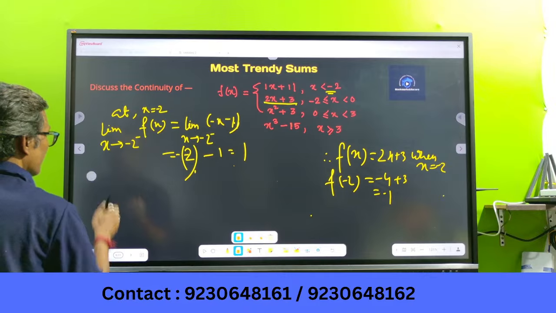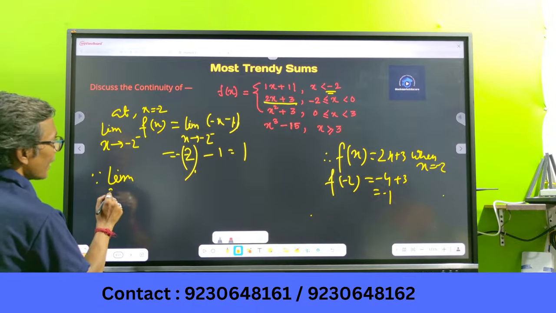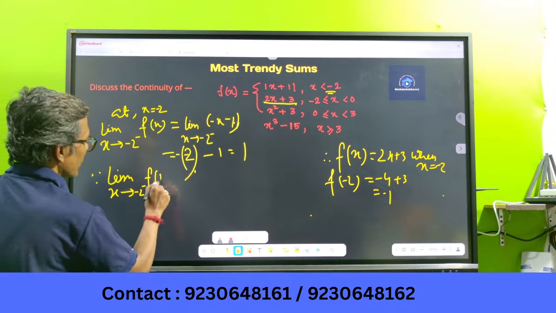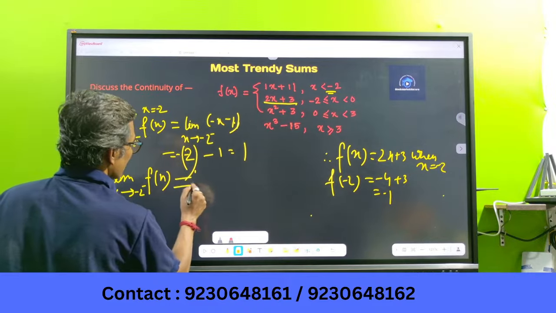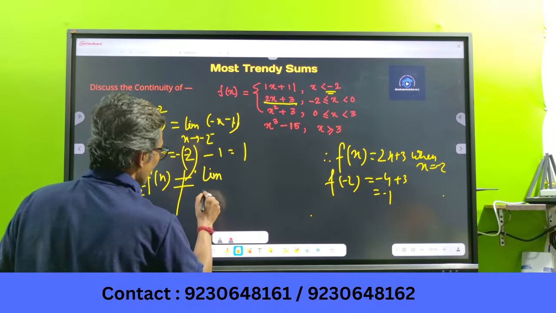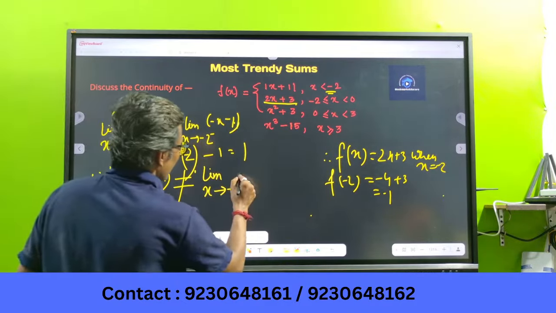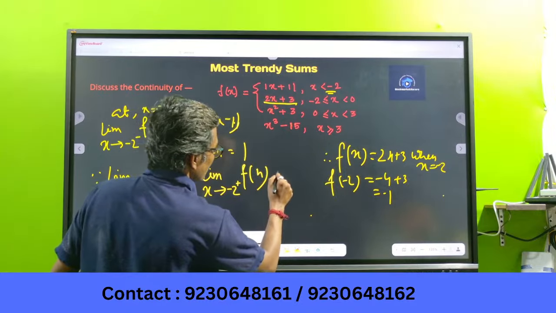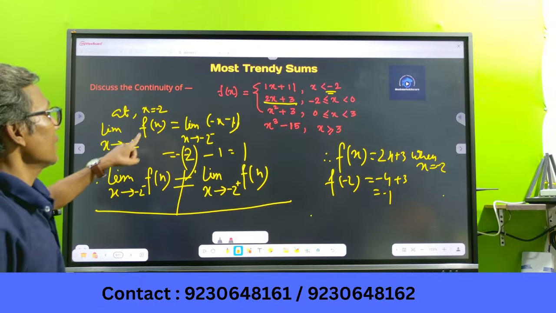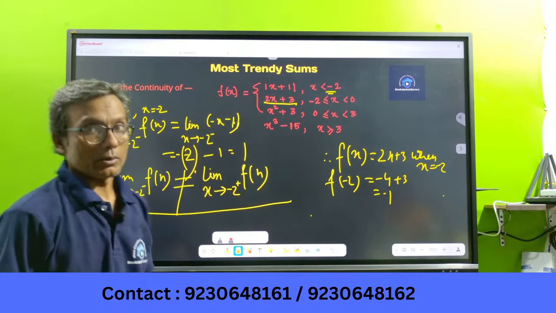Since limit x tends to -2 minus f of x is not equal to the right hand side limit of the given function, that is why at the point x is equal to -2 the function will be discontinuous.